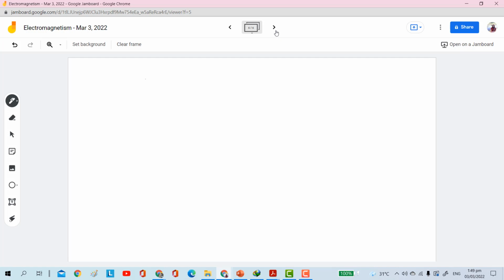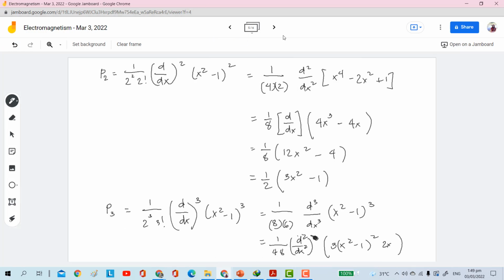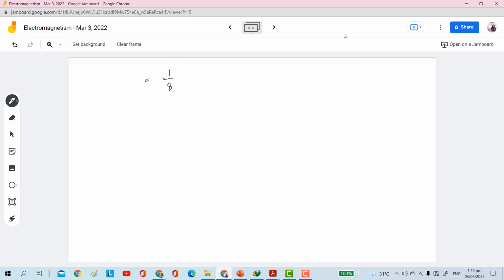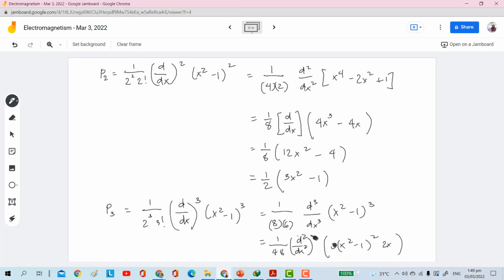So this is equal to 1 over 8 times the second derivative with respect to x of, since we already took out the constant 3 times 2, 6, what is left is x multiplied by x squared minus 1 squared.